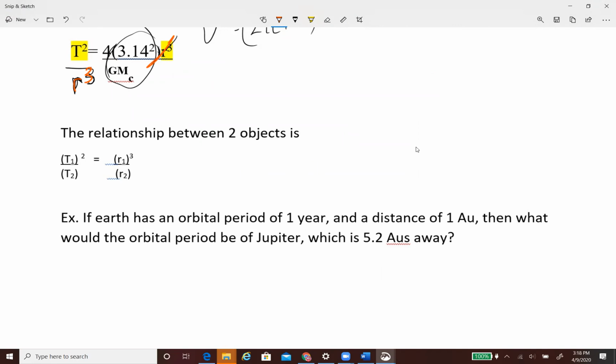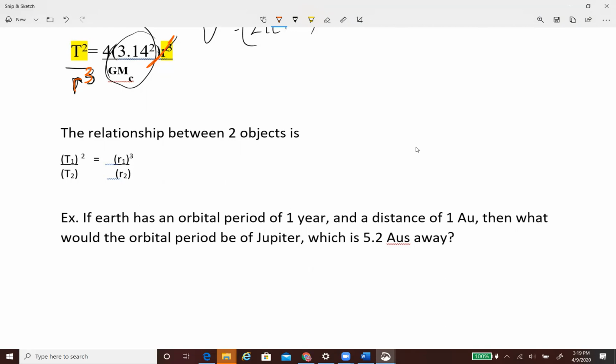What that allows me to do is determine something about another planet, like in the question we're going to do about Jupiter. If I have Jupiter's distance, I should be able to predict its period, because as long as I know Earth's period and Earth's distance, I can predict Jupiter's orbital period.